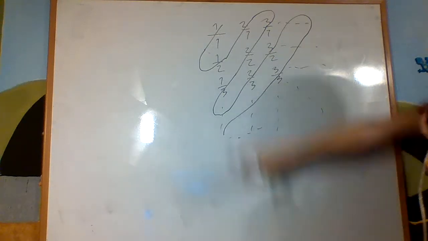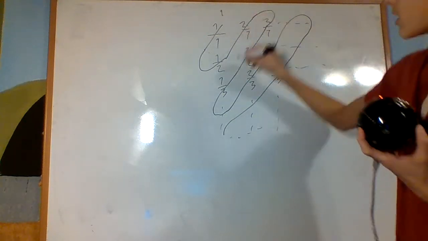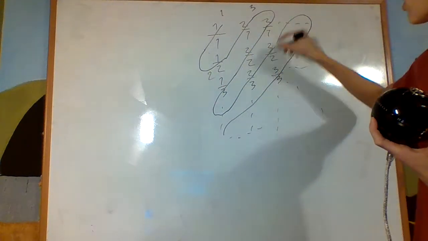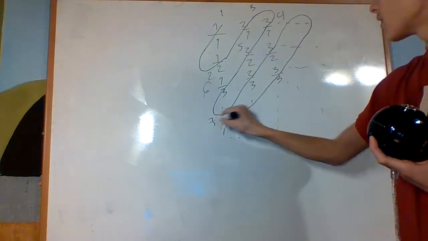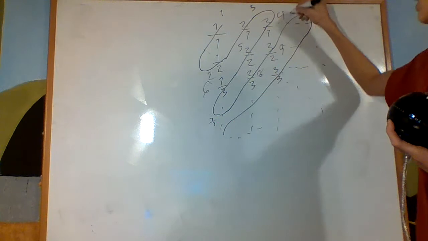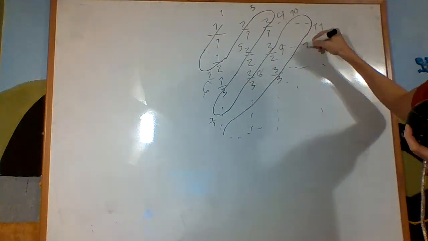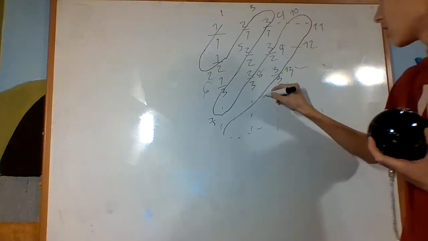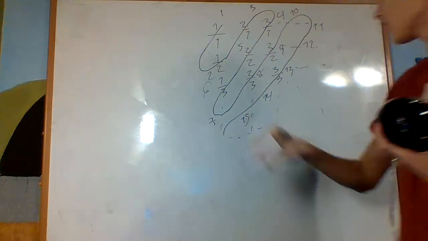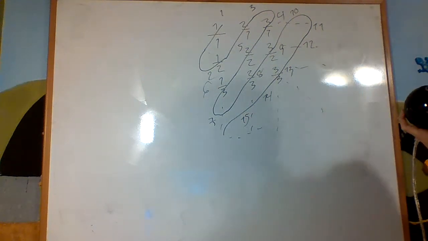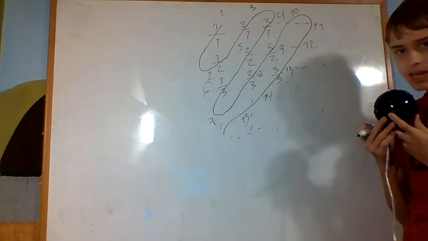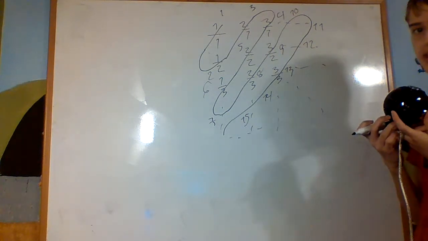You can imagine continuing looping that around, counting them up as you go along. You're just counting all of them up. And that's a bijection.